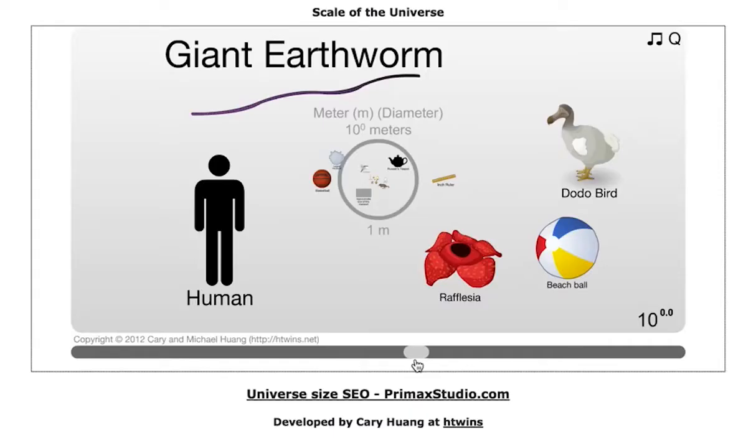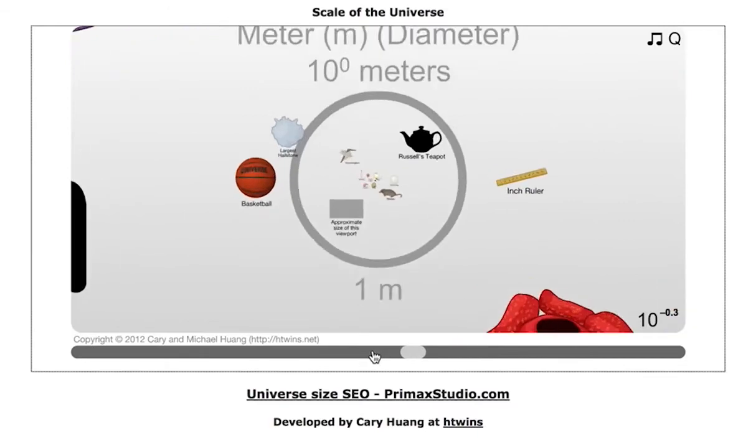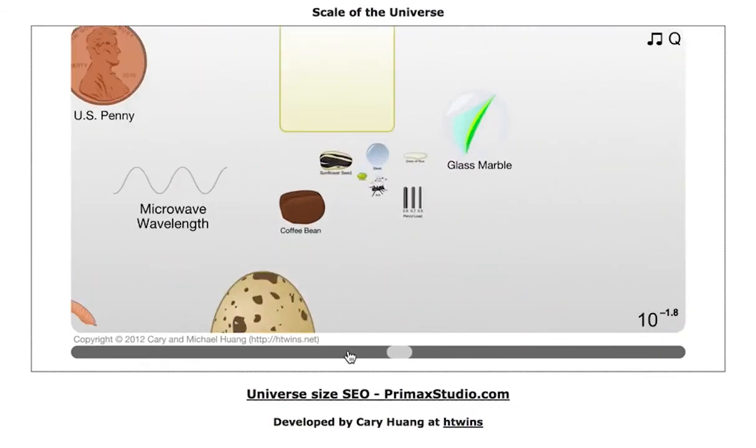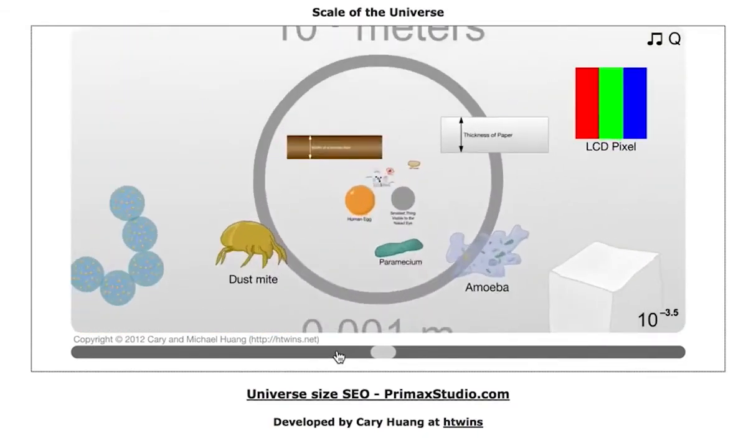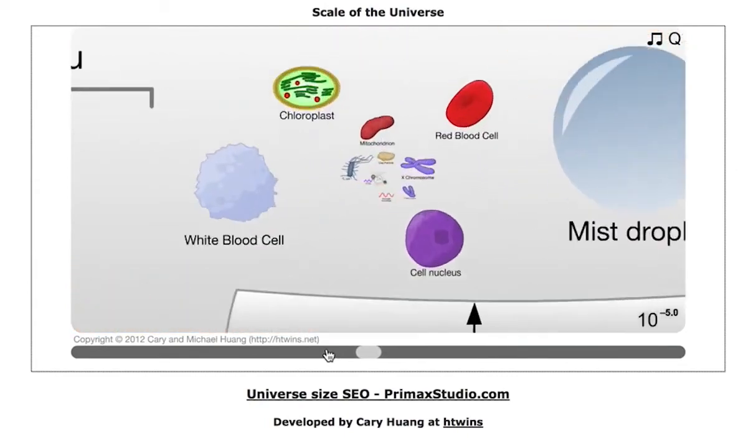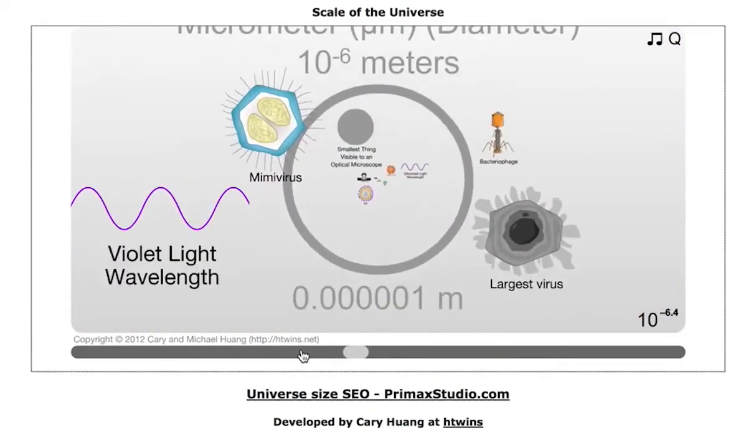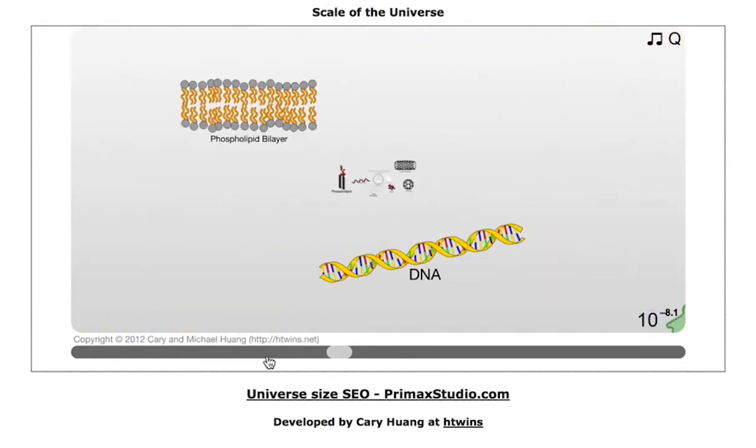So here's a simulation someone created to show us the scale of the universe. And this shows you a side-by-side comparison of all of the systems that we actually have data on, we have information about. And what you'll see is that we have information about systems on a very tiny scale, so it zooms in all the way to past genetic information, keeps on zooming in, wavelengths of light.